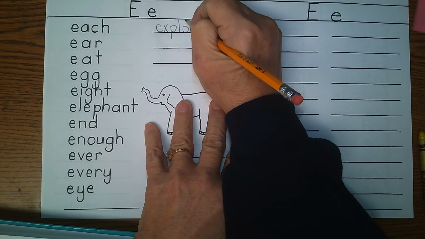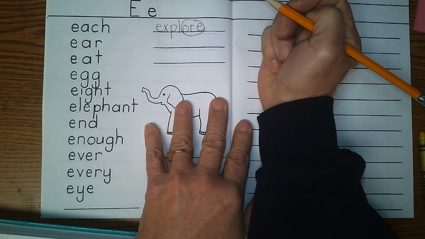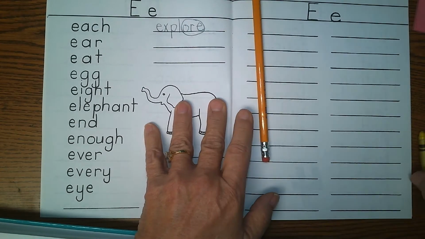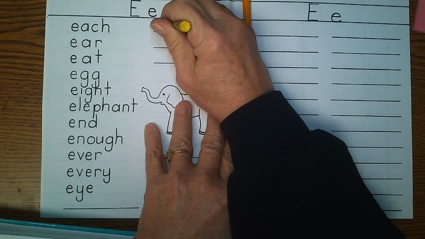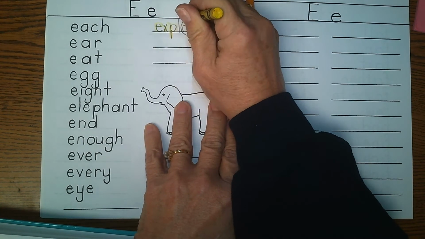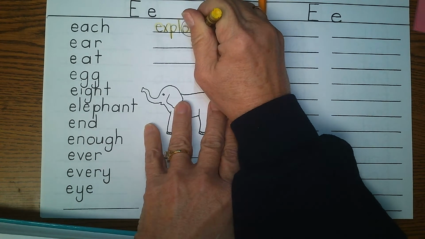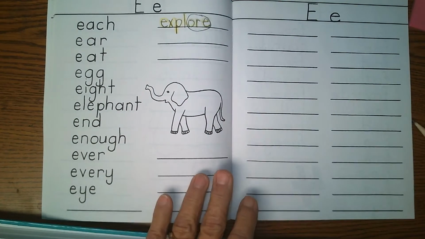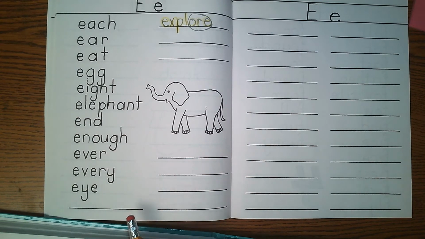Now the O-R-E is an R-controlled vowel, so we're going to go ahead and circle it to help us remember it. And now let's go ahead and trace E-X-P-L-O-R-E. Explore. And there were no other E words.